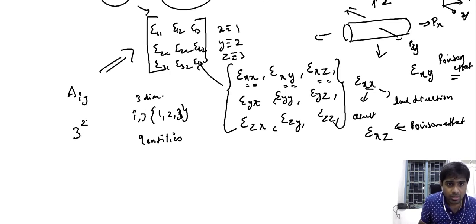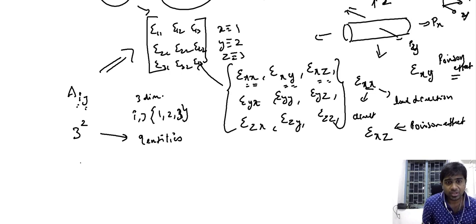The 2 indicates the number of indices that are present and that assume values between 1, 2 and 3, and 3 is the number of values that each index can assume. So the total number of values that this particular tensor can assume is 3 square, and that ultimately leads to 9 entries.